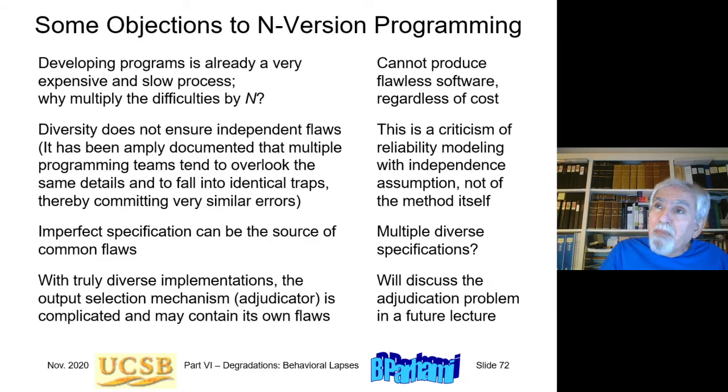Okay, from the very beginning, a lot of people objected to the idea of n-version programming. So here are some of the main objections. Developing programs is already a very expensive and slow process. Why multiply the difficulties by n? Well, a reasonable answer to that is that you cannot produce flawless software, no matter how much money you're willing to spend.